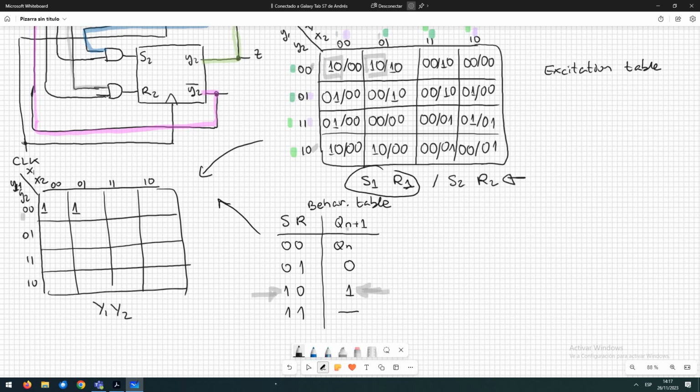Now, sorry, I chose the other function. If I have a 0 here and the inputs are 0, 0, we keep the state. The state is 0 because we are starting here. So we write a 0 here in those cells in which we have 0, 0.